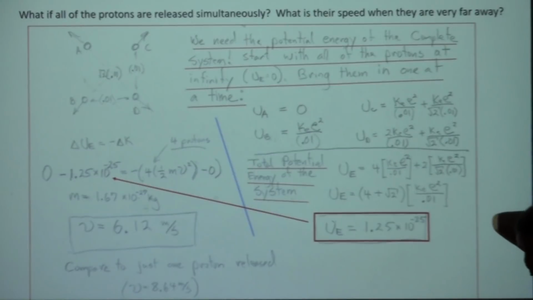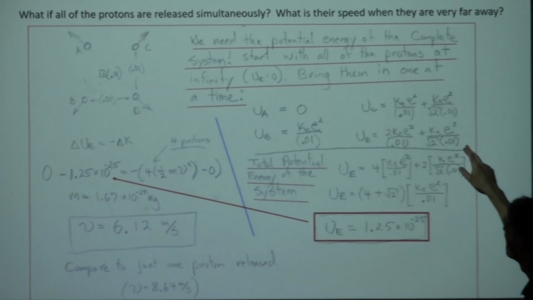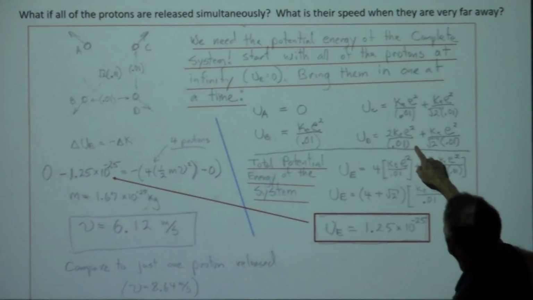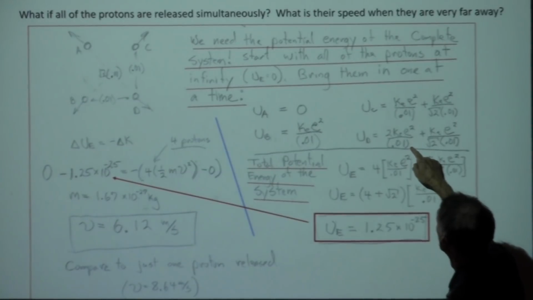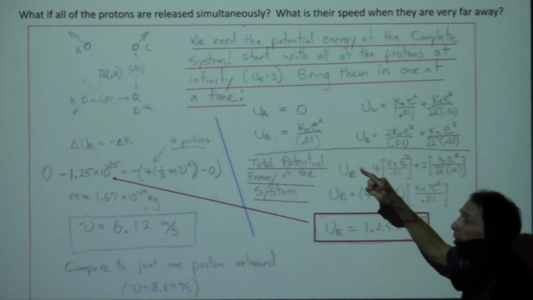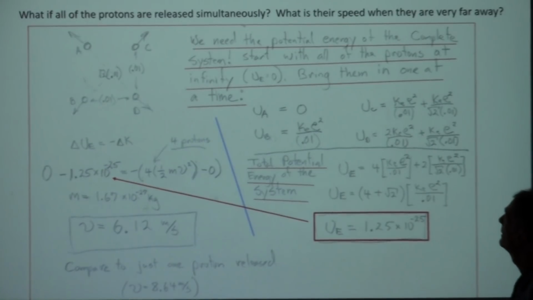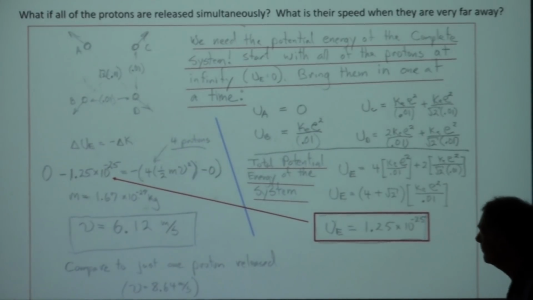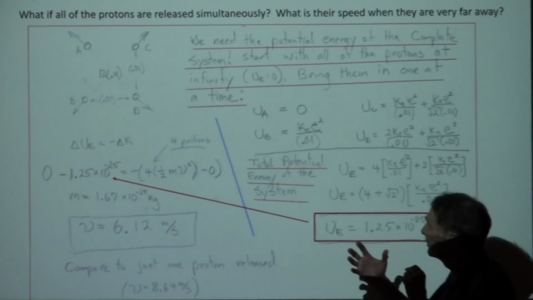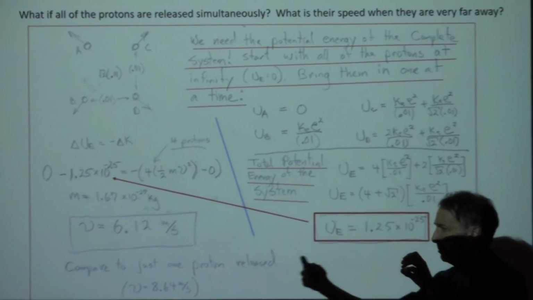I'm just confused on our energy equation for D, why it's going to be 2UD instead of 4 times UD. Well, because in my mind each one is having the same equation that UD has acting upon it. The thing is, these potential energies are shared between particles.